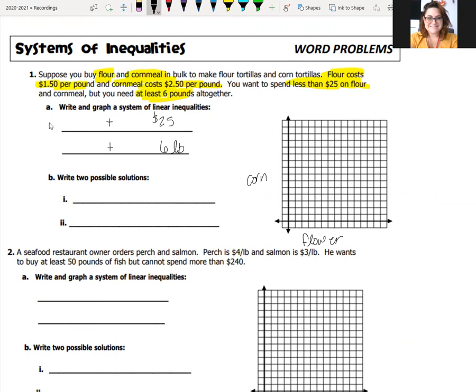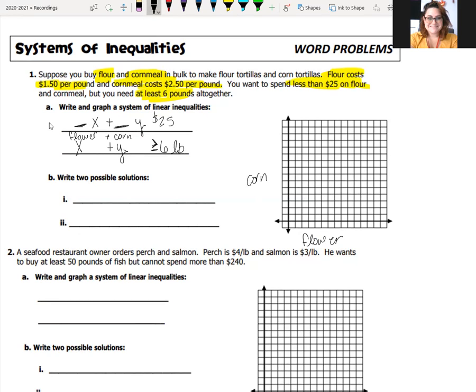So we could say the weight of corn plus the weight of flour needs to equal at least, meaning it should be bigger than, but it can equal 6 pounds. So we can say this is X plus Y, or our flour plus our corn. So when we come up top, it's still going to be X and Y, but we need to put a number with it.